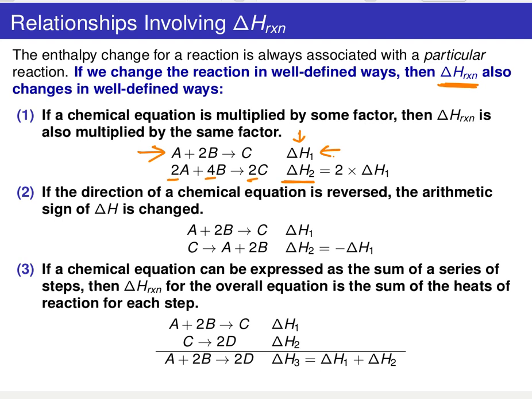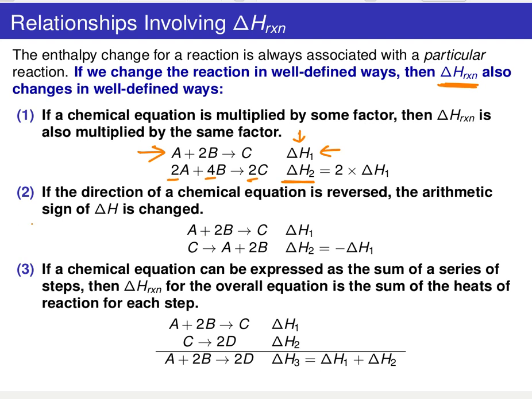In the same sort of vein, if we were to switch the direction of the reaction, rather than going uphill, we go downhill, or vice versa, then the magnitude of the delta H of that chemical reaction is going to remain the same. All that will change is the sign.